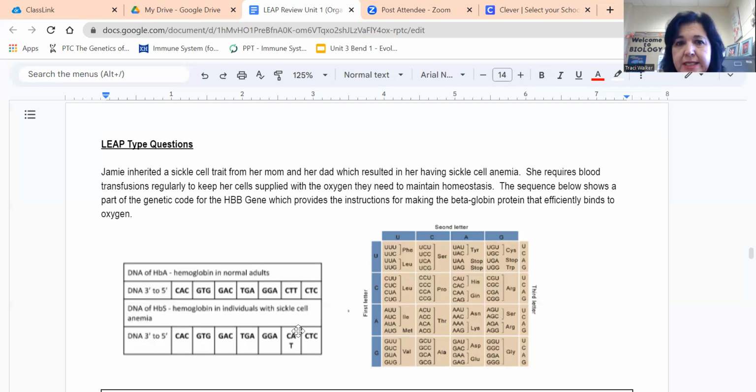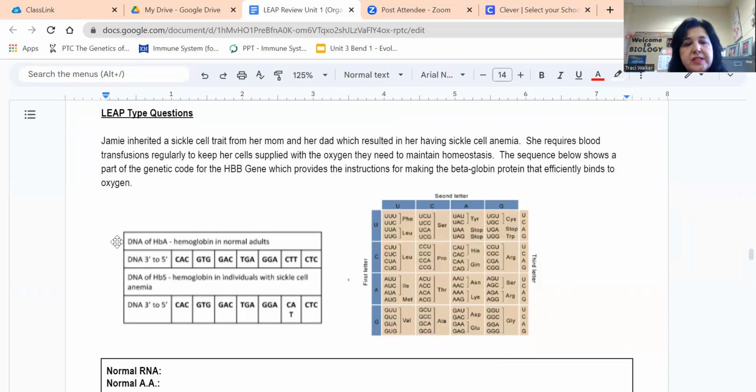So you've got this one particular protein that binds to oxygen, and it's found in your blood. And the information for how to make that protein is on a particular gene called the HBB gene. Okay, and so when you look down here, you see that we have DNA of HbA, which is hemoglobin in normal adults. And then we have down here DNA of HbS, which is hemoglobin in individuals with sickle cell anemia.